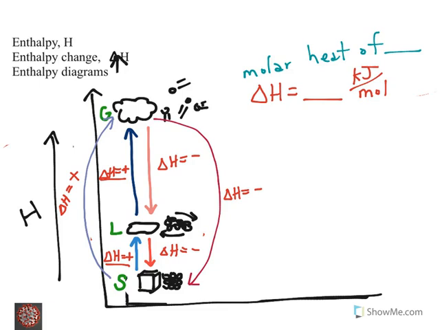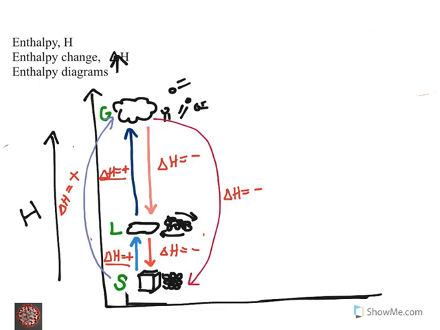So for example, you have molar heat of combustion, which is the energy exchanged to combust 1 mole of a substance. You have molar heat of vaporization, the amount of heat required to vaporize 1 mole of a liquid sample.